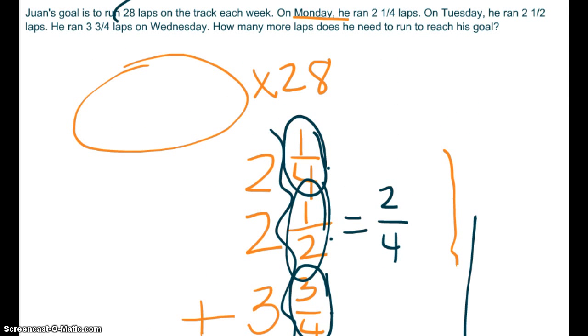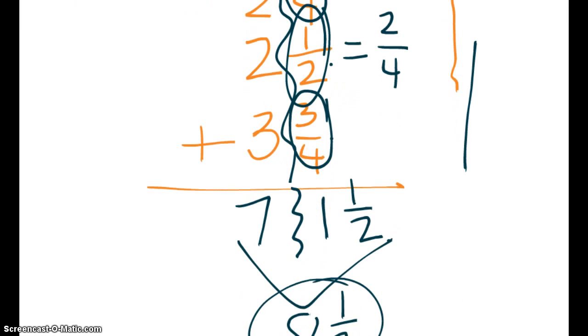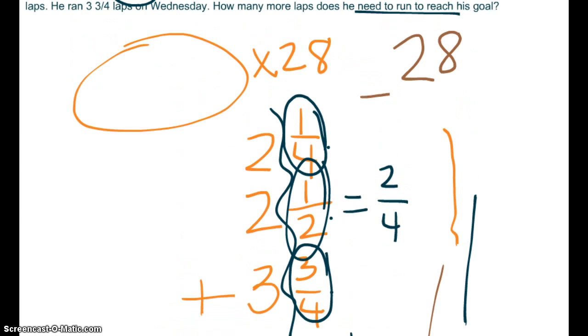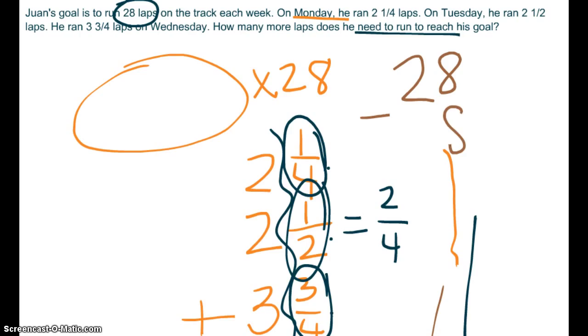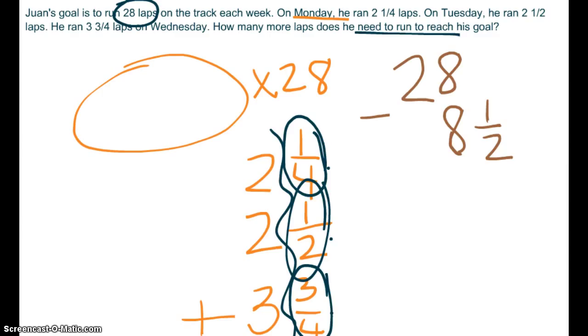But we know that he wants to run a total of 28 laps, and we need to know how many more he still needs to go. So we should be able to take 28 and subtract out how far he has already gone, which is 8 1/2. Let's just reason through this. 28 take away 8 laps is 20 laps.